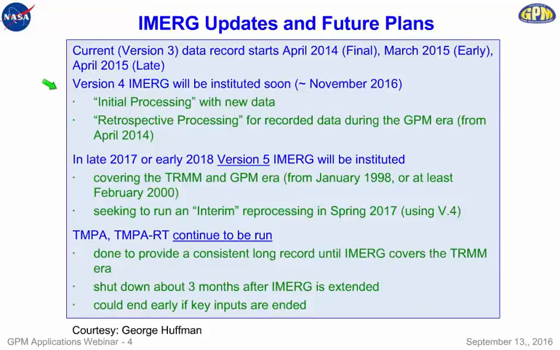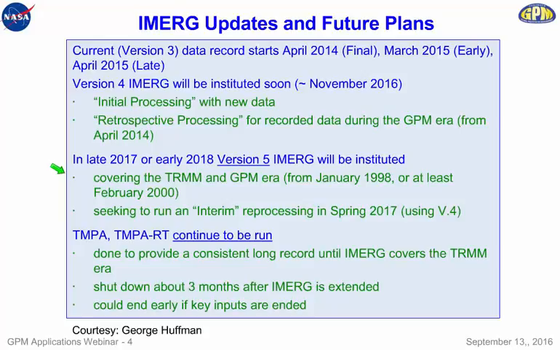As we mentioned, version 4 will be available hopefully by November of this year. Then in late 2017 or early 2018, version 5 of IMERG will come out. This will be covering the entire period starting from 1998 to present.